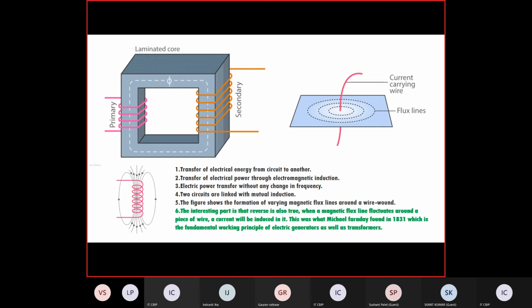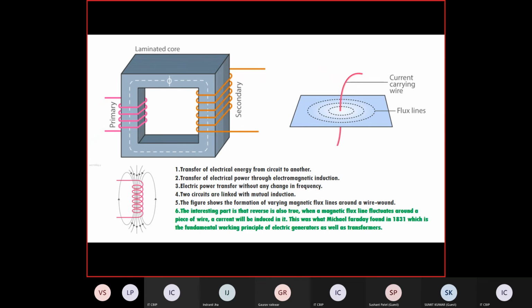So windings, primary, secondary, the number of turns may be varied depending on the application requirement. They may be the same. All right, primary is having a certain number of turns. If the secondary is having a higher number of turns, then it is a step up. If it is a lower number of turns, it is a step down.